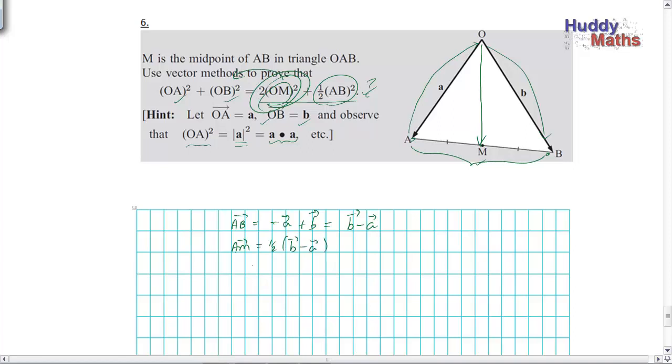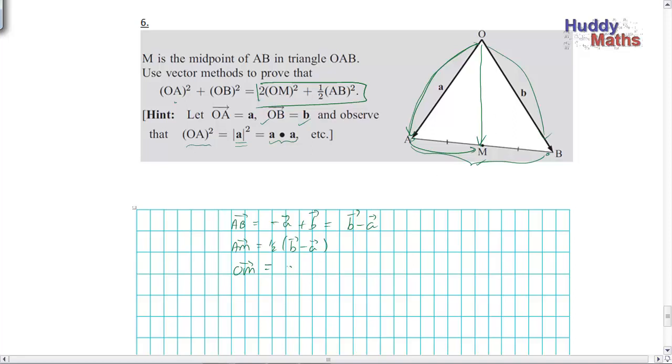More of the dot product stuff. Let's get OM, because that's this line we're trying to start with and end up with the left-hand side. So OM, displacing O to M, is the same as going A plus AM.